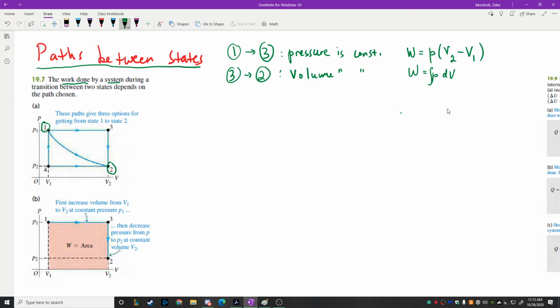We could go from 1 to 3 to 2, or we could go from 1 directly to 2, or we could go from 1 to 4 to 2 on our picture. In which of those cases would the work done by the system be the largest?